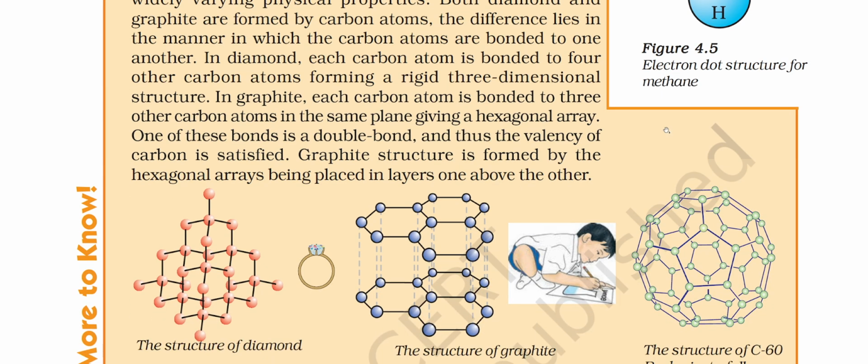In graphite, each carbon atom is bonded to three other carbon atoms in the same plane, giving a hexagonal array. One of these bonds is a double bond, and thus the valency of carbon is satisfied. Graphite structure is formed by the hexagonal arrays being placed in layers one above the other.